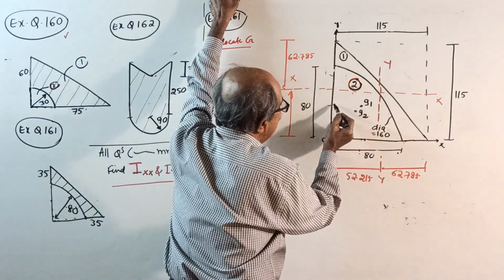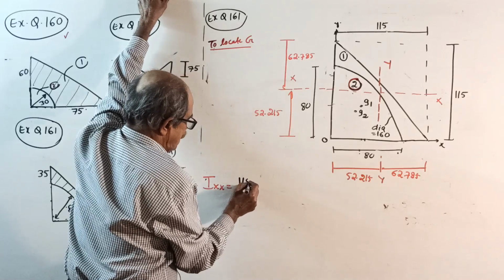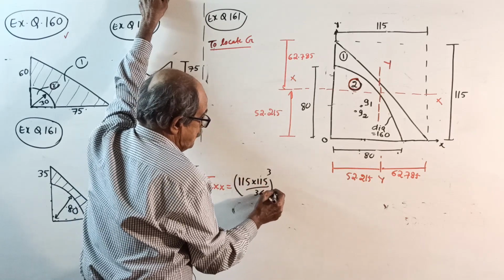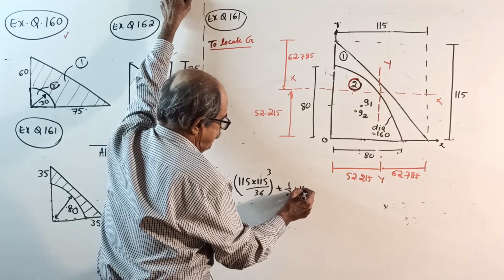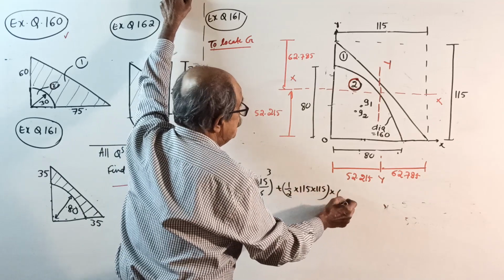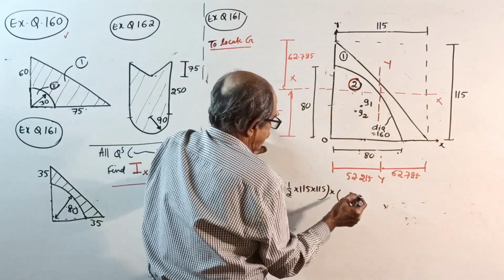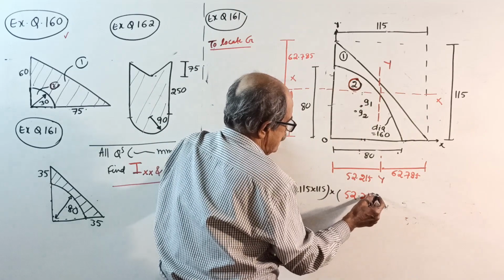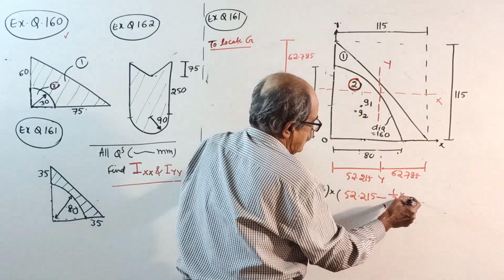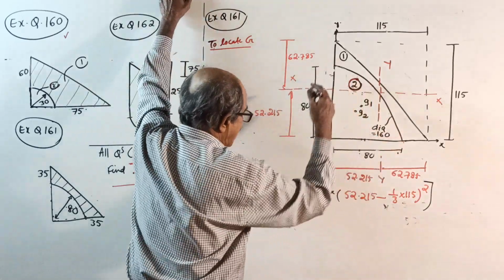See, for G1 you have to see its own axis. 115 into 115 cube by 36. 115 into 115 cube divided by 36 is IG, plus area, half into 115 into 115 is the area, into this distance square from G1, 52.215 minus 1 by 3 of 115, the whole square. Okay. That is for the full triangle.